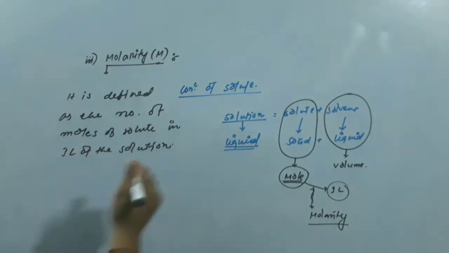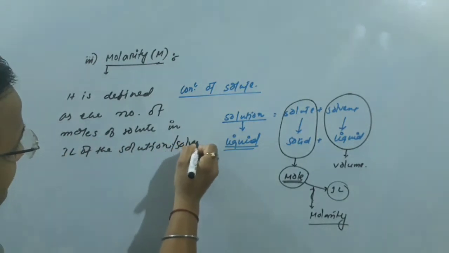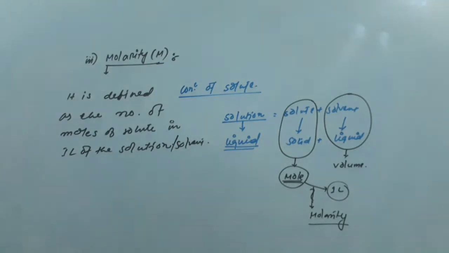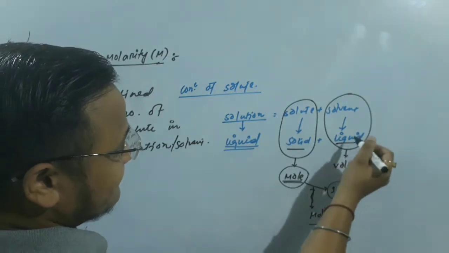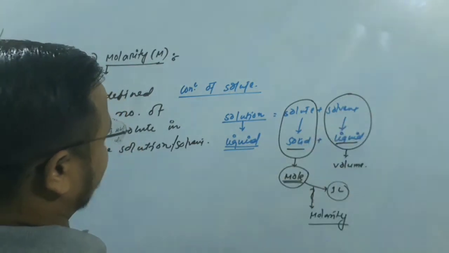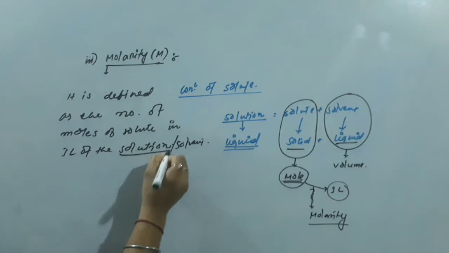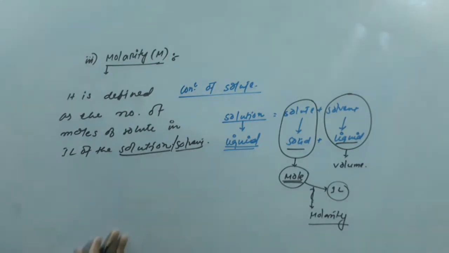You can use the solvent term also, okay guys, because when it is solid and liquid, ultimately the volume of the solution will be defined by the amount of the solvent, right?